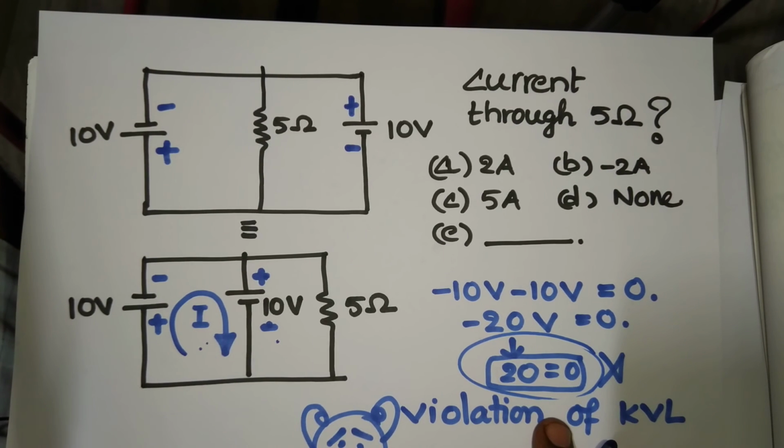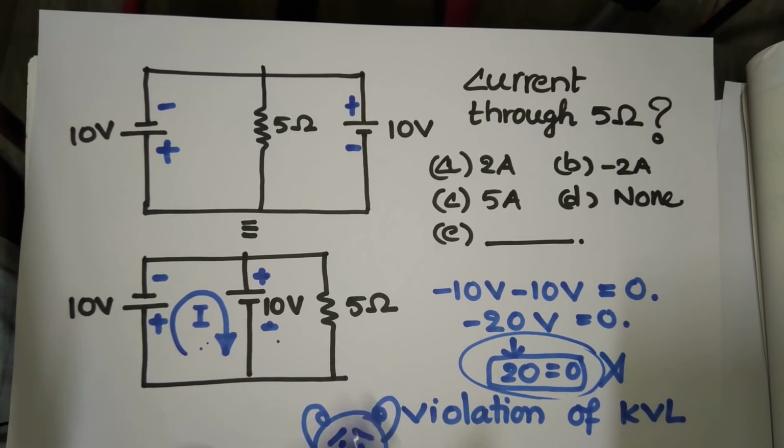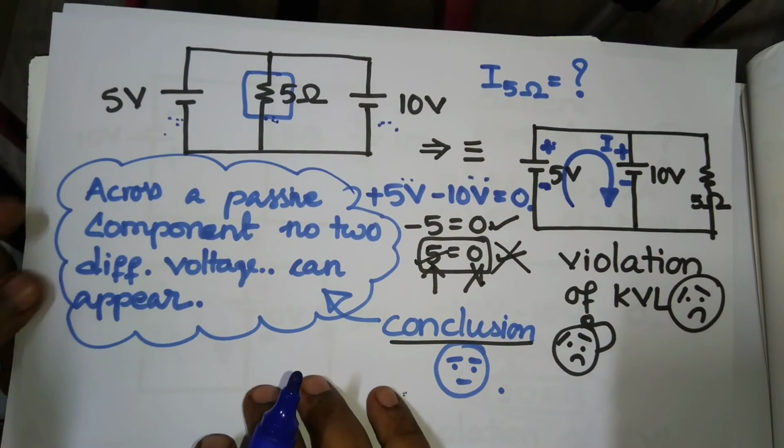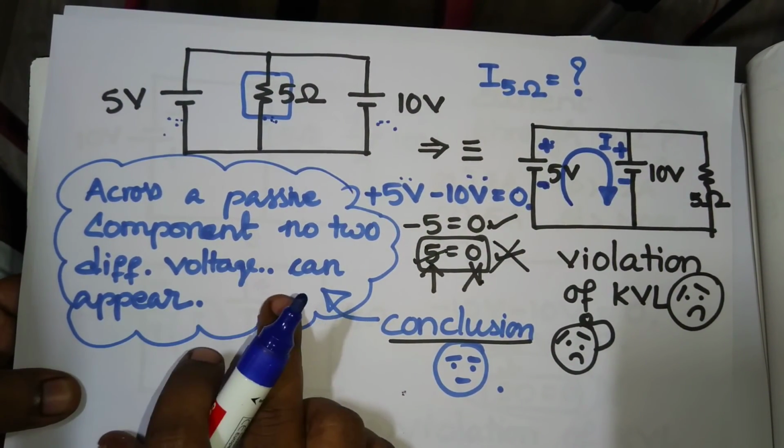So across a passive component, no two different voltages can appear.